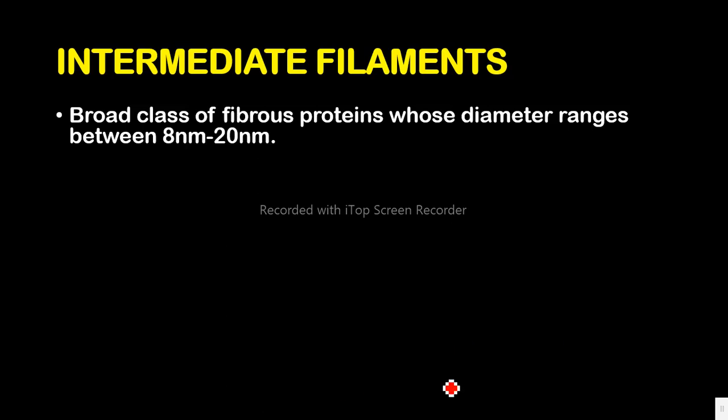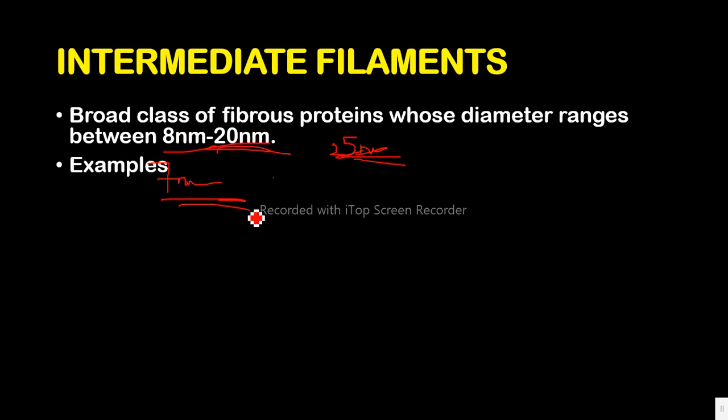Their diameters fall within this range, 8 nanometers to 20 nanometers. We saw that actin filaments have a diameter of 7 nanometers, and microtubules have a diameter of 25 nanometers. So these ones do fall within that range.